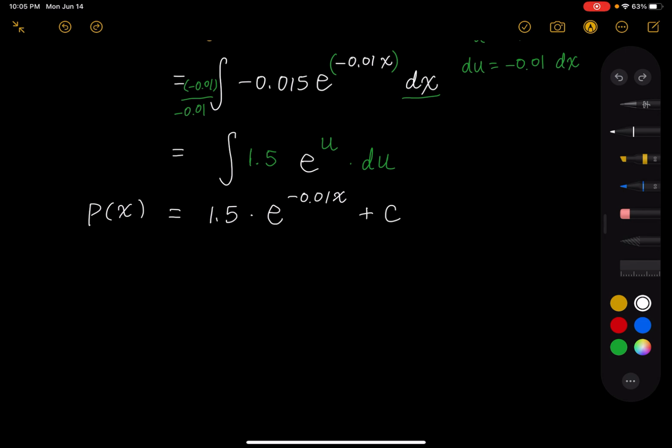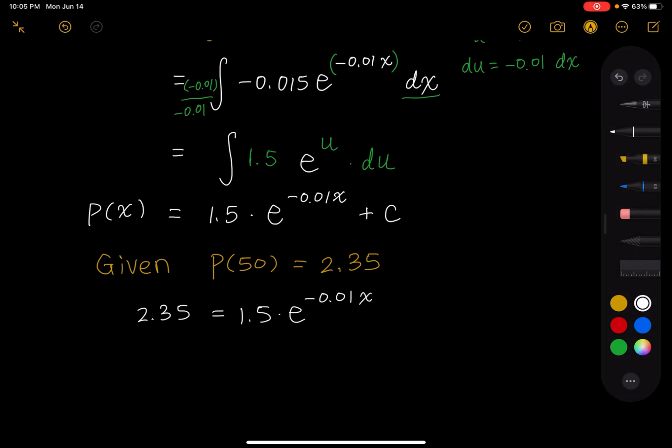So we are given P of 50, the price, is 2.35. So we'll just set 2.35 equals 1.5 times e to the negative 0.01x, where x will be substituted by 50, then plus c.